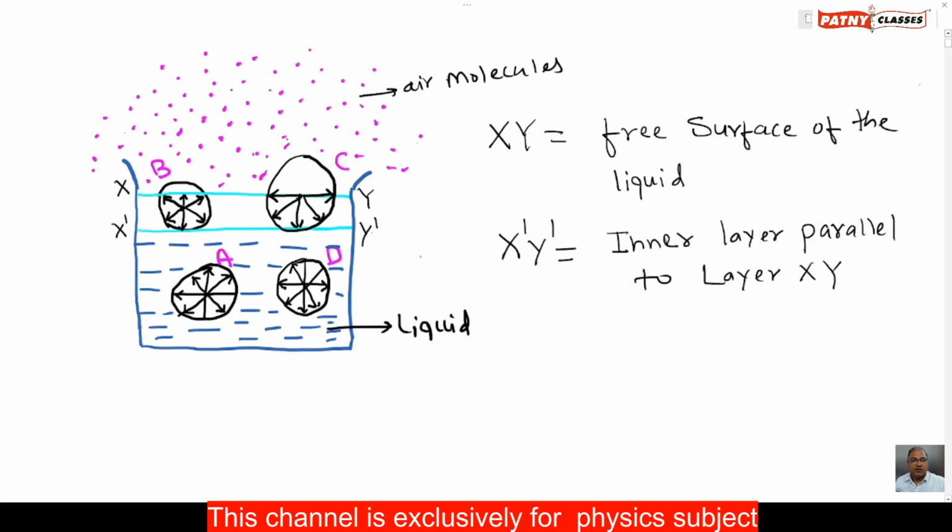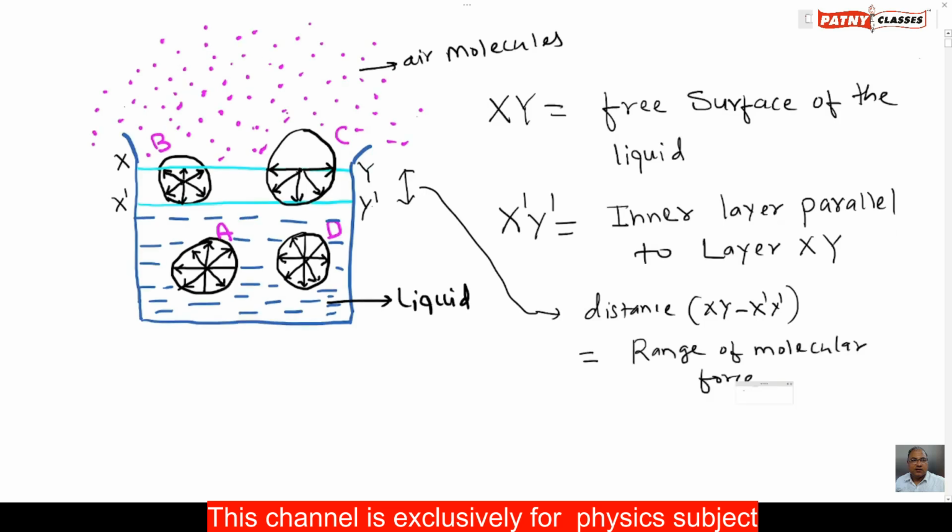The distance between the 2 layers is equal to the range of molecular force. So the distance between layer XY and X dash Y dash equals the range of molecular force.